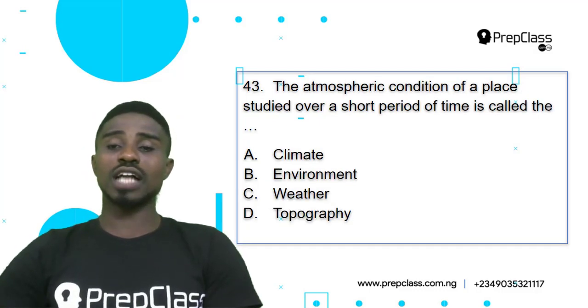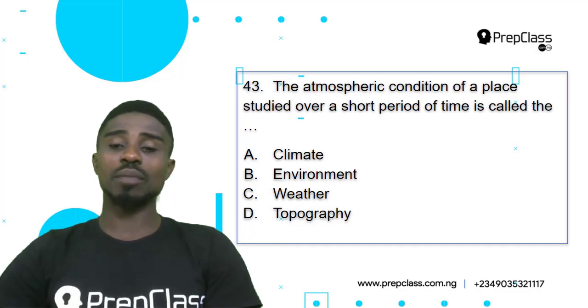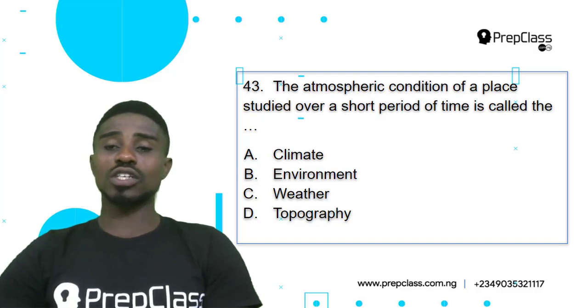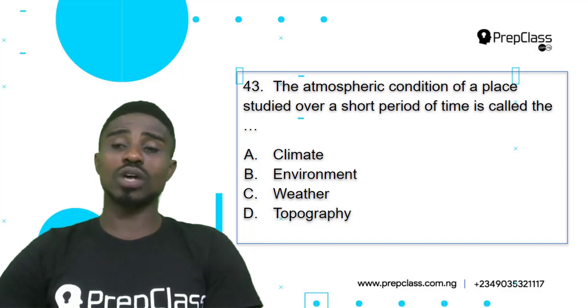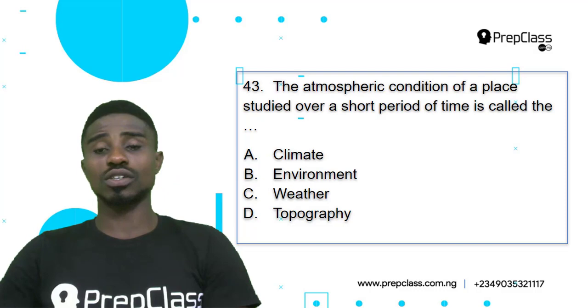Question 43, the atmospheric condition of a place studied over a short period of time is called the A, climate, B, environment, C, weather, D, topography. For us to carefully select the correct answer, we need to analyze all of the options and see which one best answers our question.